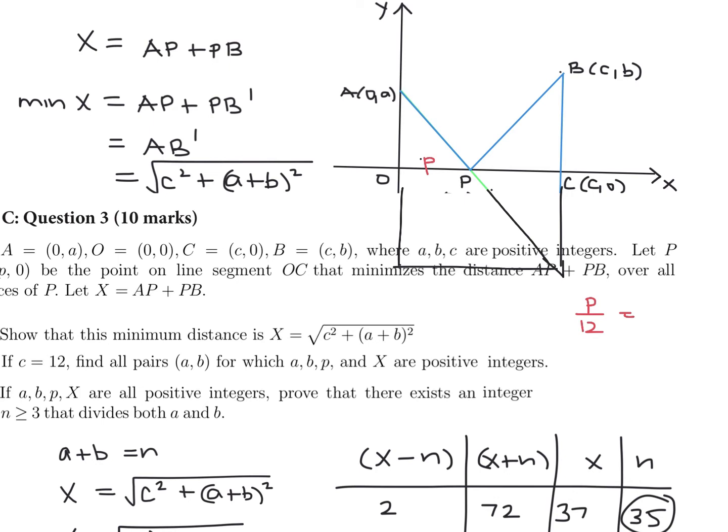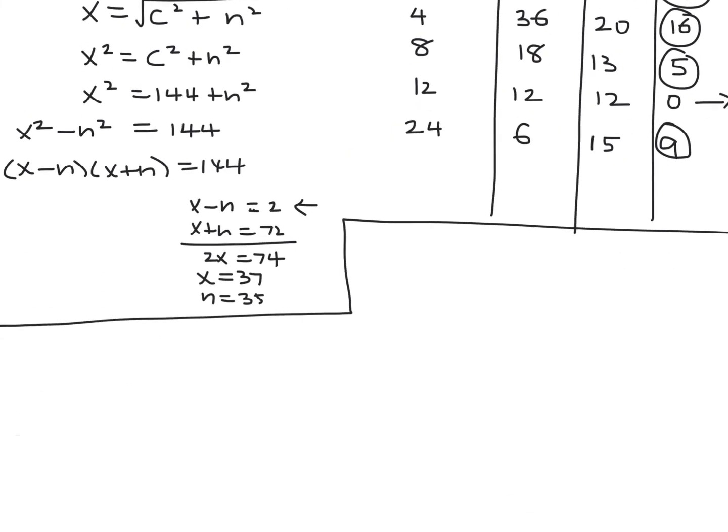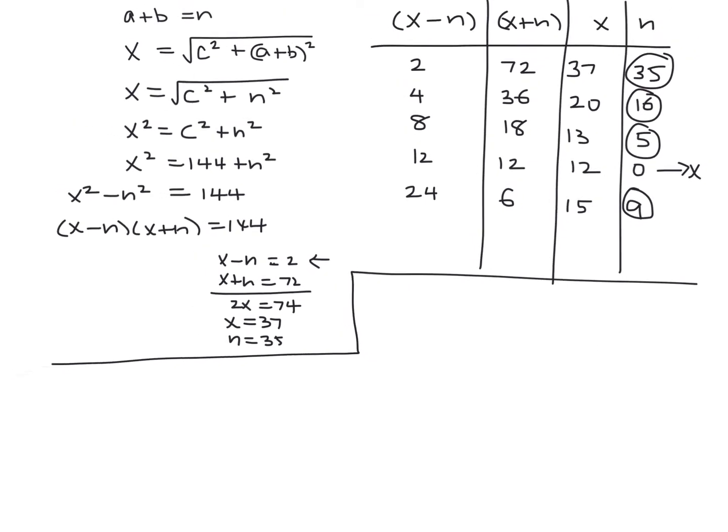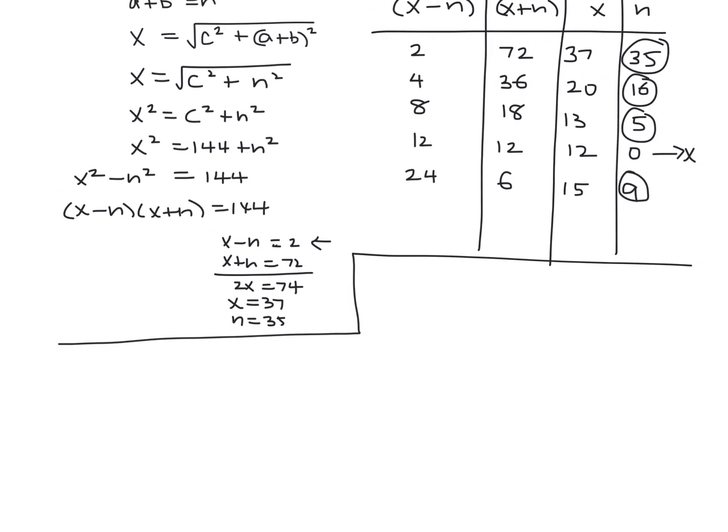So from there to there would be A, and the full distance is A plus B. So that's just using similar triangles. We'll use that as our guideline, that P over 12 is equal to A over A plus B.